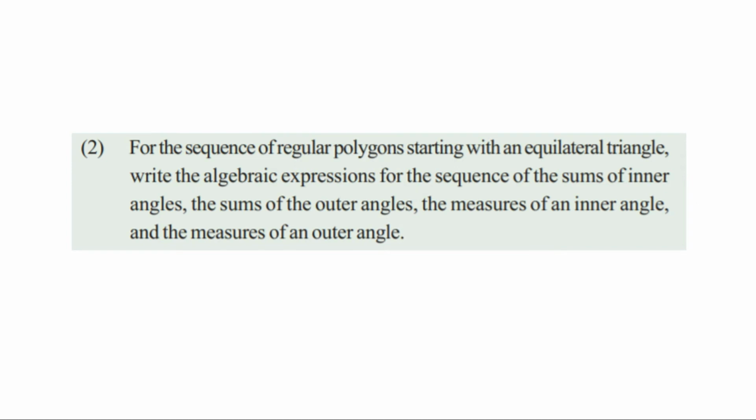Now the second problem: for the sequence of regular polygons starting with an equilateral triangle, write the algebraic expressions for the sequence of sums of inner angles, the sums of outer angles, the measures of an inner angle, and the measures of an outer angle. Let us first find the sequence of sum of inner angles.